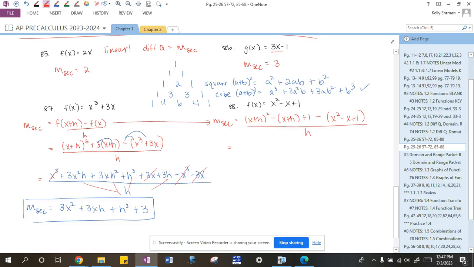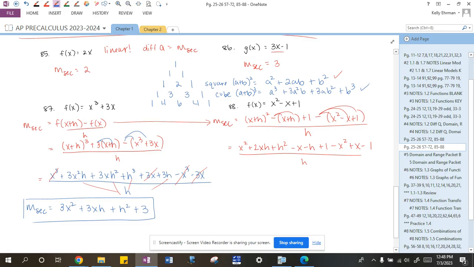Squaring a binomial we should have down by now, but again, use that binomial theorem if you need to. x squared plus 2xh plus h squared. Distribute this negative, minus x minus h plus 1. Distribute the other negative, minus x squared plus x minus 1 all over h.